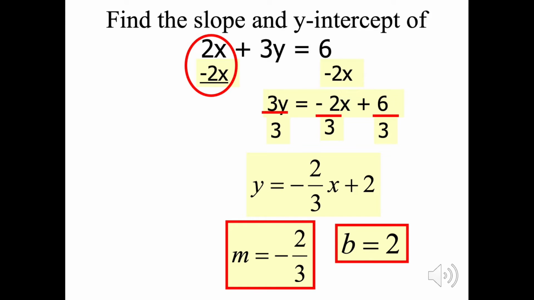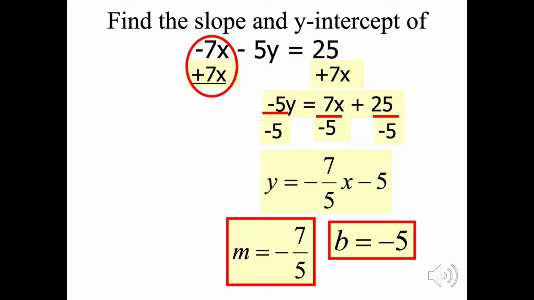Now, because there is still a 3 in front of the y, we have to remove the 3 from the left. We can do that by dividing the left side by 3, whilst also dividing the right side by 3. This gives us y equals negative 2 over 3x plus 2. This gives us our answer, with our m being negative 2 over 3 and our b being 2.